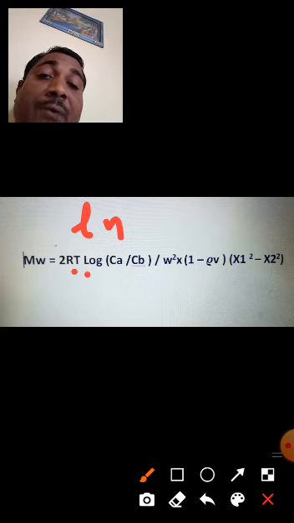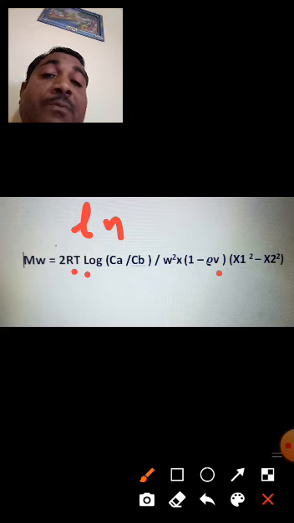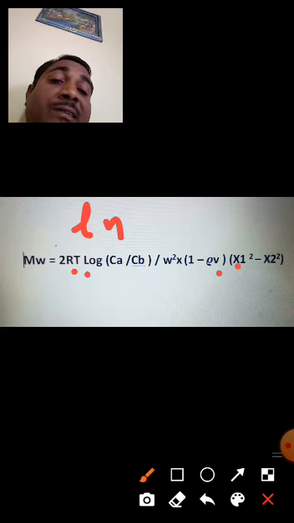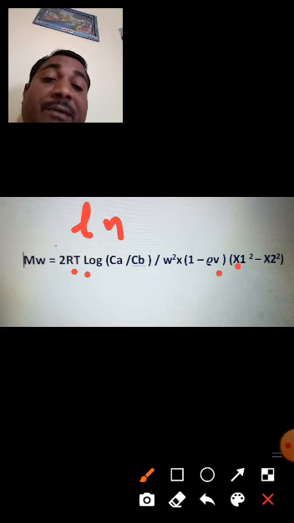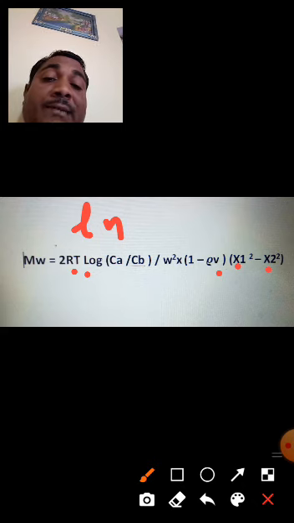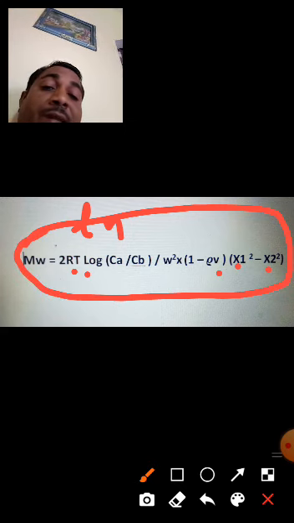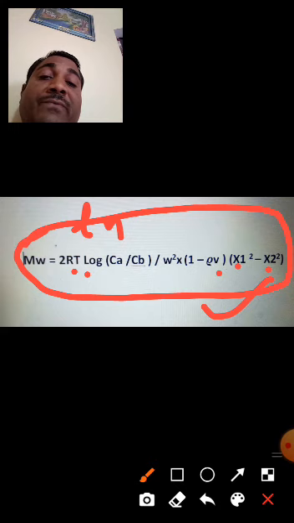W is the angular velocity, rho is the density of solvent, V is the specific volume of the polymer sample. x1 is the distance of a boundary from the axis of rotation at time t1, and x2 is the distance of a boundary from the axis of rotation at time t2. If we put all the values in that formula, then we can calculate the weight average molecular weight of the given polymer sample.